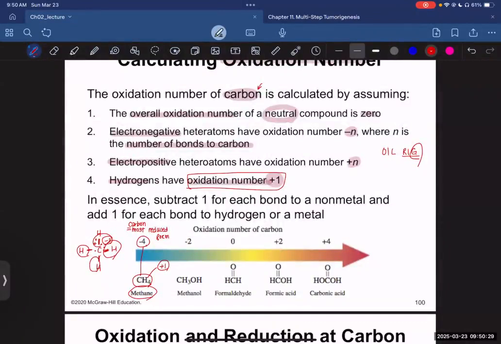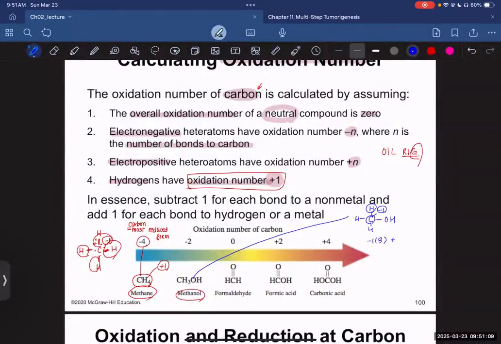Now, if we look at methanol, in this case, we're also trying to find the oxidation number of carbon. So if we look at this in more detail, we have the carbon that's bonded to 3 hydrogens, and also bonded to oxygen. And so if we look at carbon, we can see that because it's bonded to something that's more electropositive, the carbon itself is going to be gaining -1 from each one of these bonds to hydrogen, which means -1 times 3.